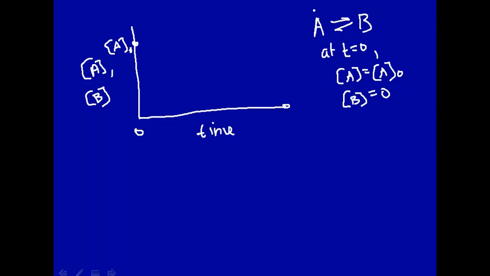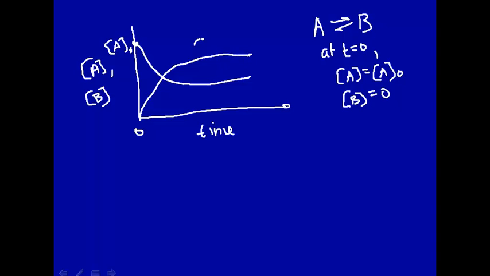As the reaction goes on, A is converted into B, so the concentration of A decreases, but then it levels off. The concentration of B, initially at 0, increases and then levels off.